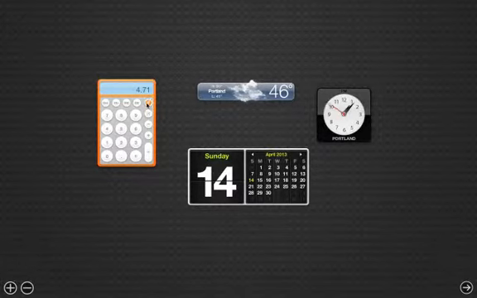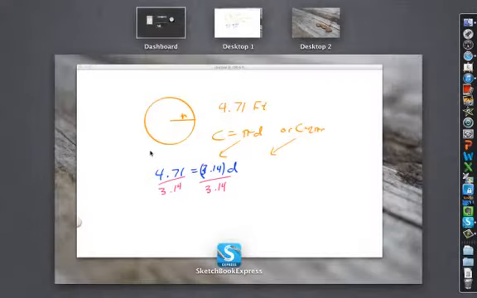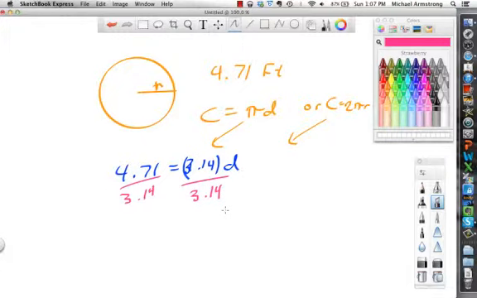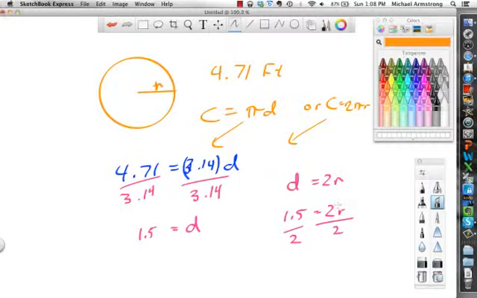4.71 divided by 3.14, and it's 1.5. So 1.5 equals d. Okay, so if we want to find the radius, then we might remember that the diameter is 2 times the radius, and we already know that the diameter is 1.5, so it's 2 times r, and then if we divide both sides by 2, that will give us the radius.